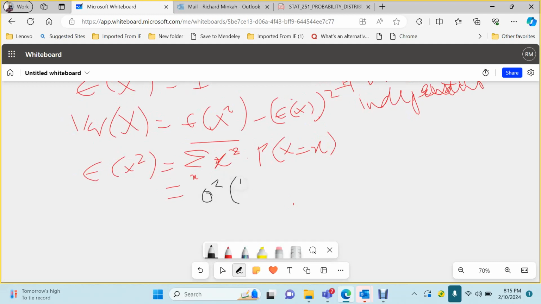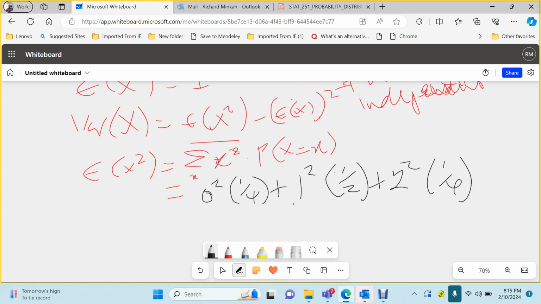So 0 squared times 1/4, plus 1 squared times 1/2, plus 2 squared times 1/4. Please note it is not the probability we are squaring, but the values of the random variable. So this is 0, this one we get half, this we get 1. So essentially we have 3/2. Is that okay? Good.